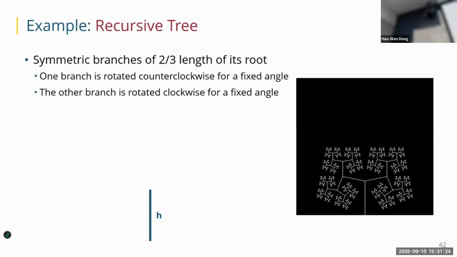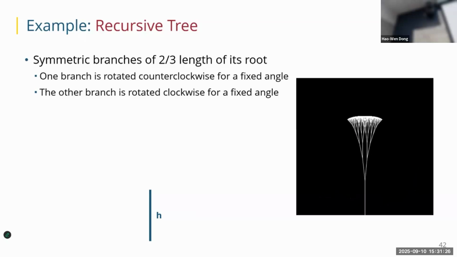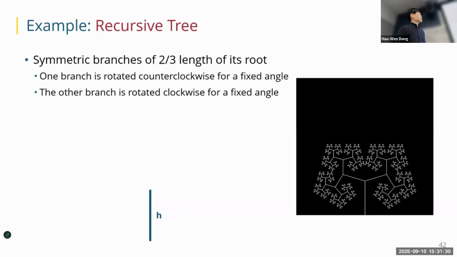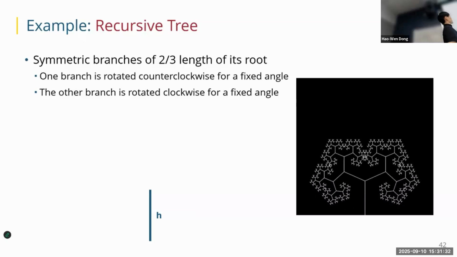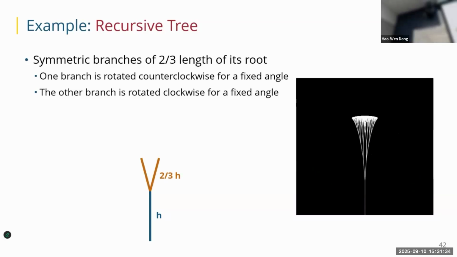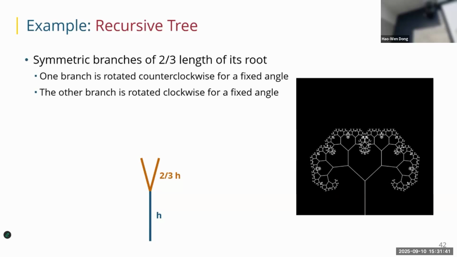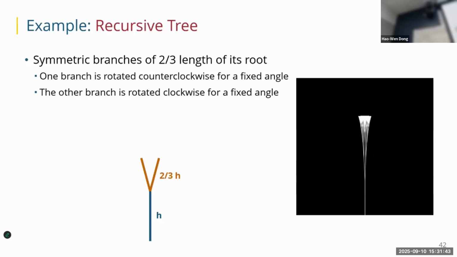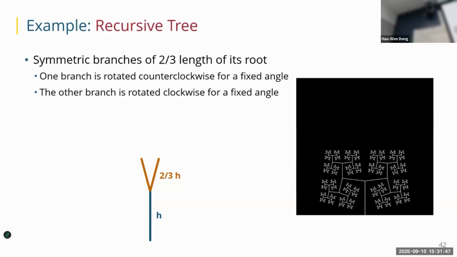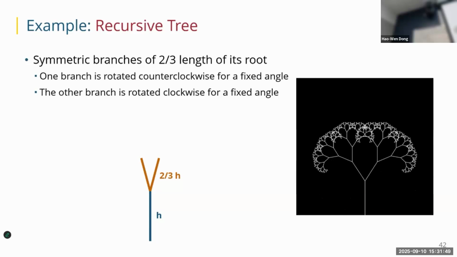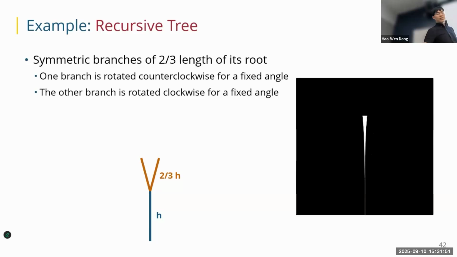Then from this edge, you turn slightly to the right and to the left, clockwise and counterclockwise, but with a shorter length. So for each trunk, you get two different branches, one at the right, one at the left.